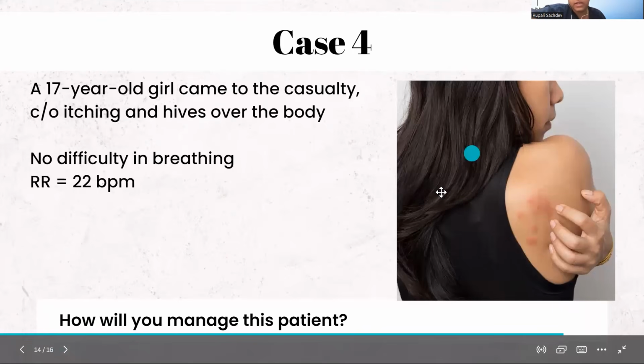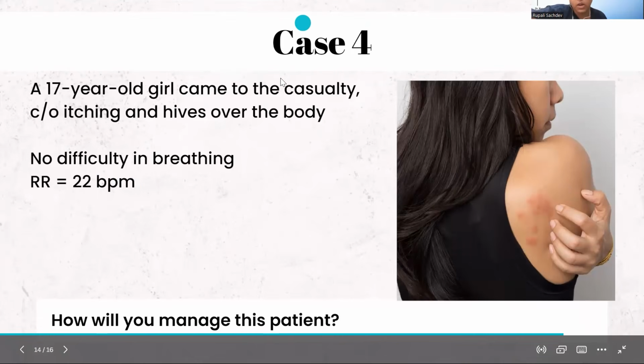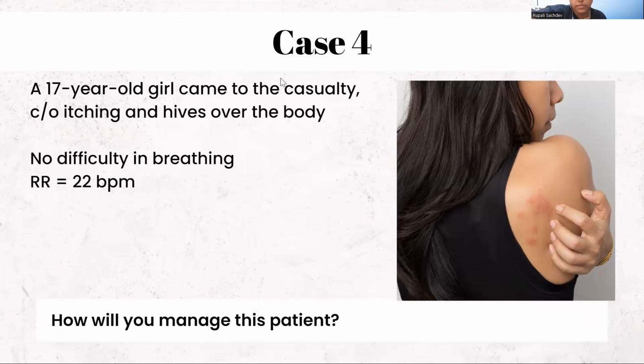Case 4. 17-year-old comes to the casualty with complaints of itching and hives over the body, as you can see in the image. There is no difficulty in breathing. Respiratory rate is 20. How do you manage this? What would you like to do?